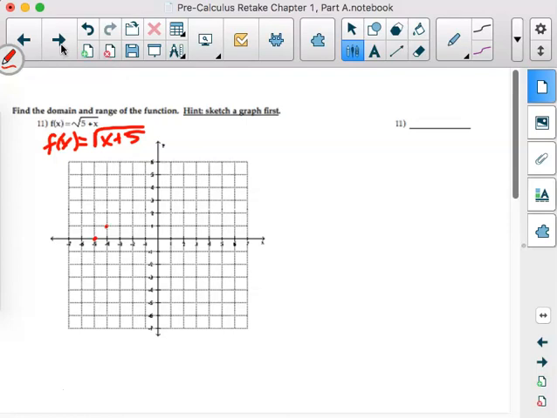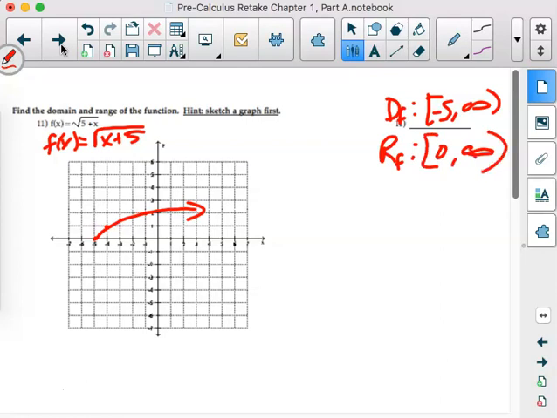If you go 4 to the right, it's 2 up. And if you go 9 to the right, it's 3 up. But basically we just needed this sketch. And then you want to find the domain and range, so you'll realize that the domain of f is going to be from -5 to infinity, and the range of f is going to be from 0 to infinity.